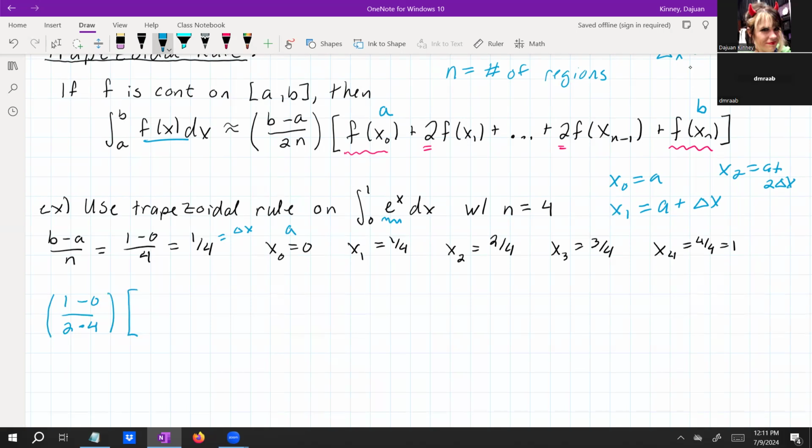So I'm going to say e to the 0 plus 2e to the 1/4 plus 2e to the 2/4, which I know is just 1/2, plus 2e to the 3/4. And my last thing, we don't multiply by 2. We just have e to whatever, and that's just to the first power.